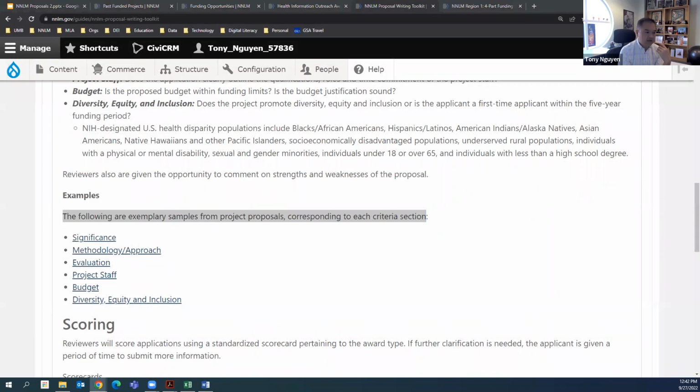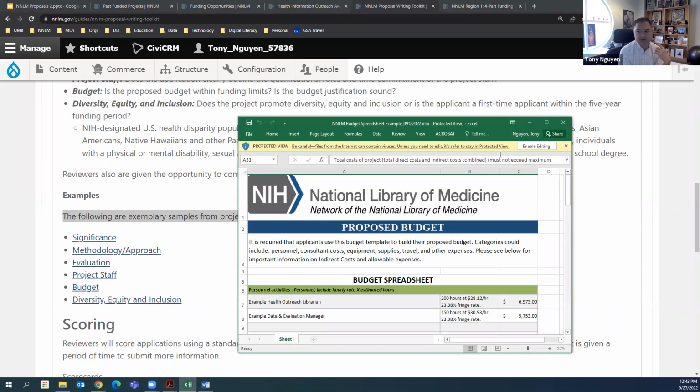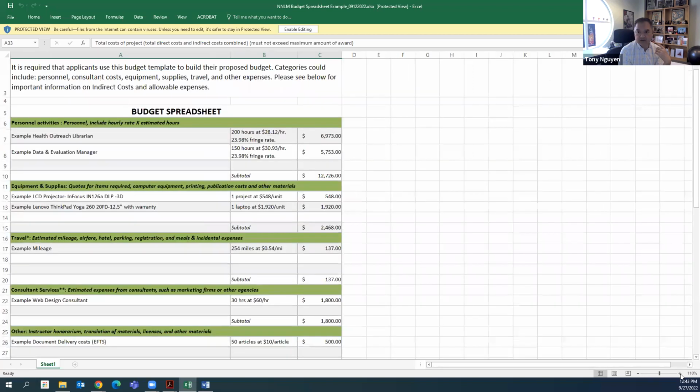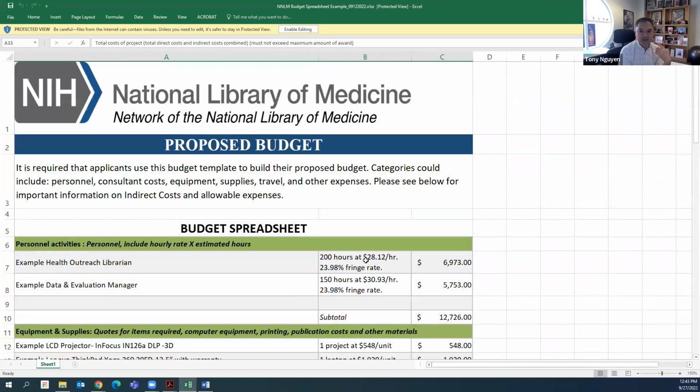And then if you are curious about, say, developing a budget, you can see how you can structure a budget here, to see how we're looking for specific details. So you could say health outreach librarian, and you can say, oh, we're expecting about 200 hours of work.